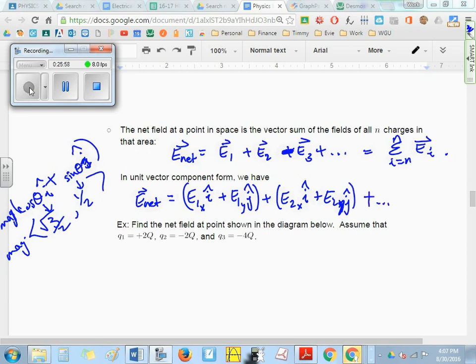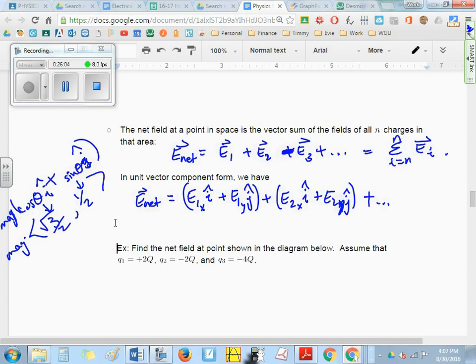So that if you really wanted to separate this, you could put all the i hats together and separately put all the j hats together. So it would look something like this. The net field is going to be E1x plus E2x plus E3x, etc., and those are your i's.